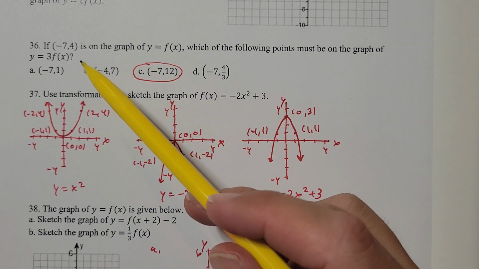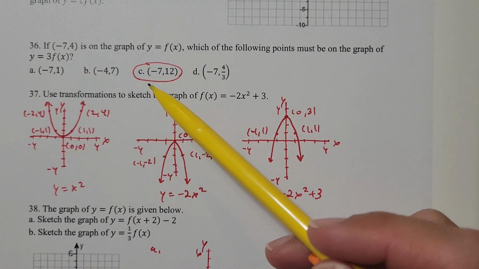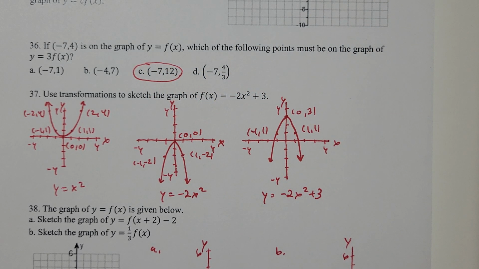So this point here, -7, 4, is going to be at -7, 12. So my answer would be C with that one. And all the points that would be on the graph of f of x, I'd have to multiply all the y values by 3.